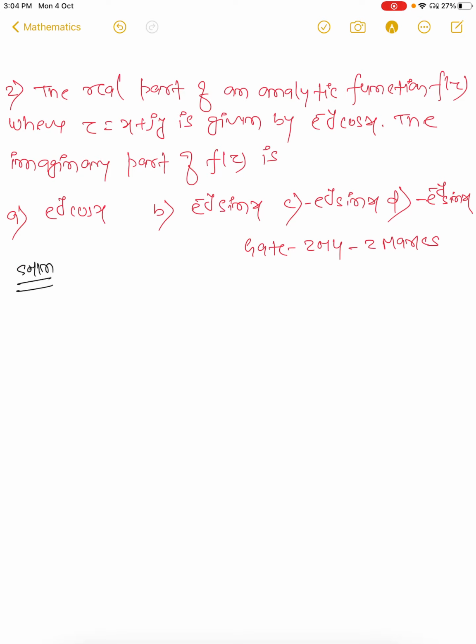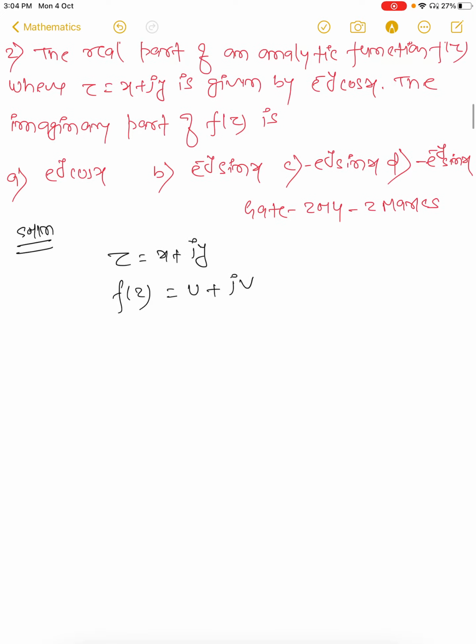Solution. We know that z is equal to x plus jy, and the function f(z) is equal to u plus jv. So u is given: u is e to the minus y cos x.